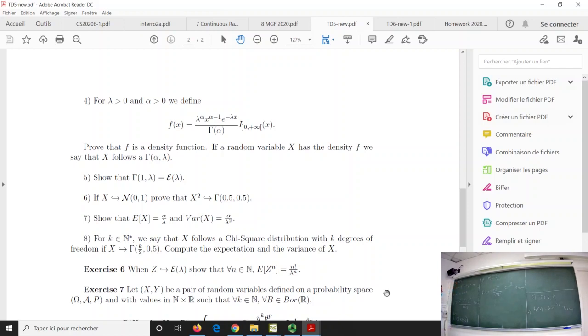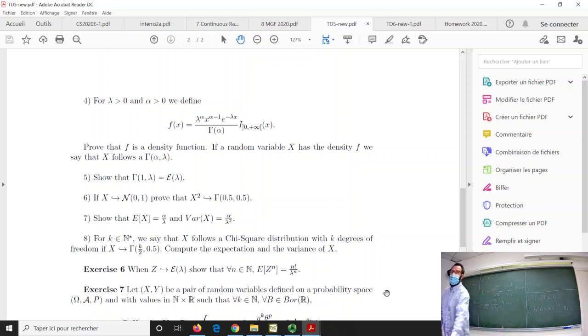And I have to divide by Gamma of 1/2. So if I write, this is equal to 1 over the square root of 2, x to the power minus 1/2, exponential of minus x over 2, over Gamma of 1/2, indicator function of x strictly positive.